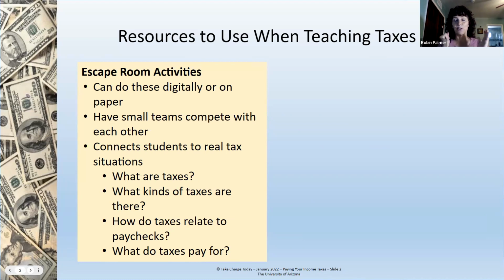You can have students work individually. You can have students work together using multiple computers and sharing answers. But basically what they're going to do is complete 4 different activities talking about what are taxes in general, if you haven't gone over that with them at all. What kind of taxes we pay, how do our taxes relate to our paychecks, what do our taxes pay for, just kind of some basics.